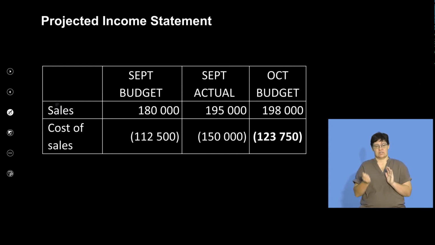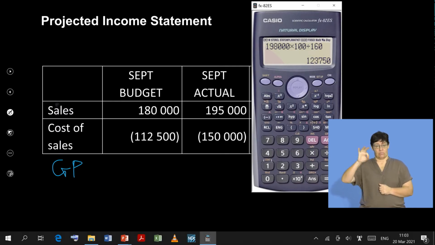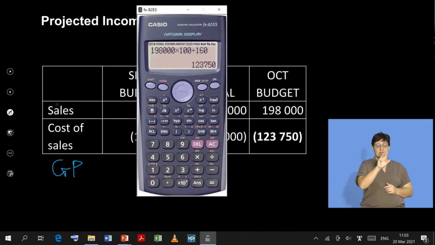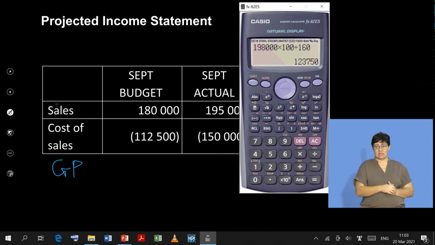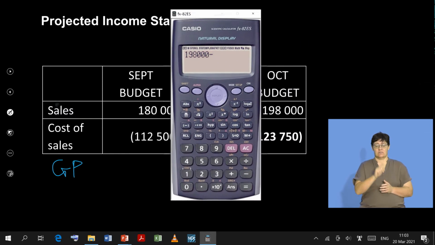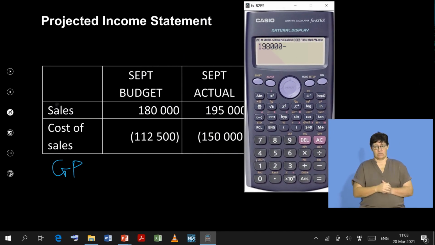So, in other words, if this is what is required, then your gross profit would be 198,000 minus your cost of sales, which was 123,750, and this will then give you your gross profit of 74,250.